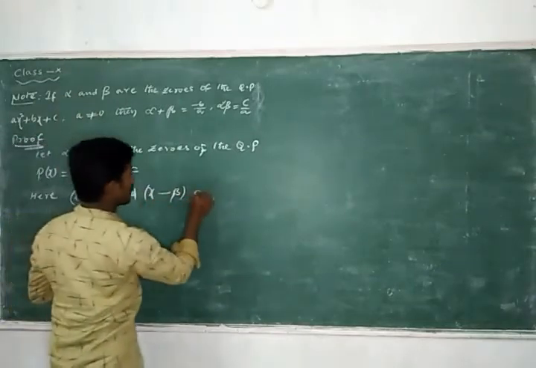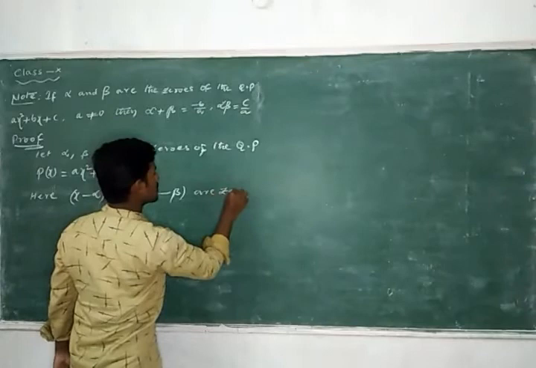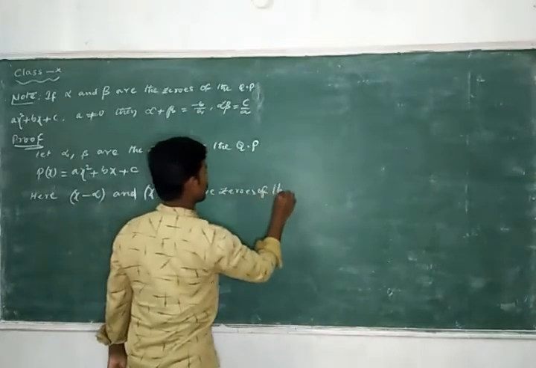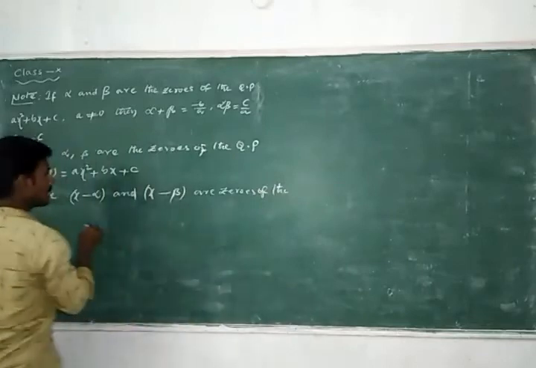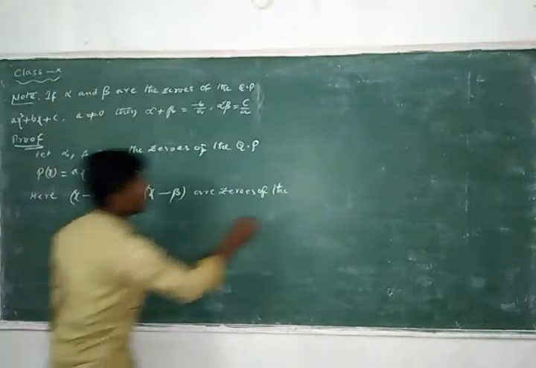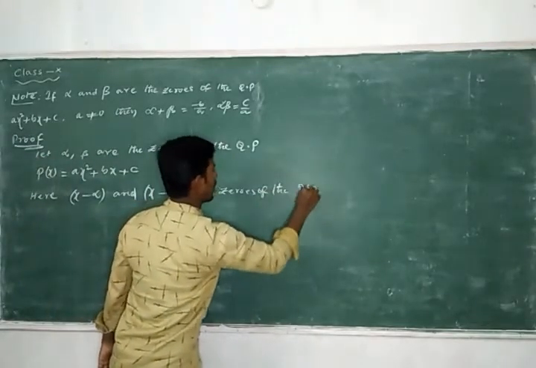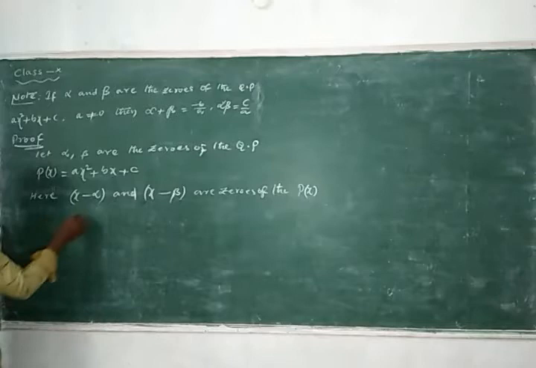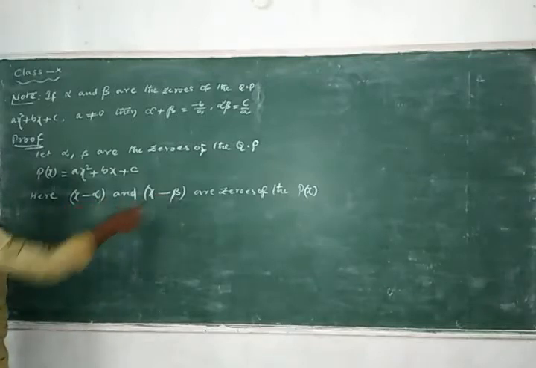Let alpha, beta be zeros of the quadratic polynomial p of x. So we can equate that p of x is equal to k into x minus alpha, x minus beta.